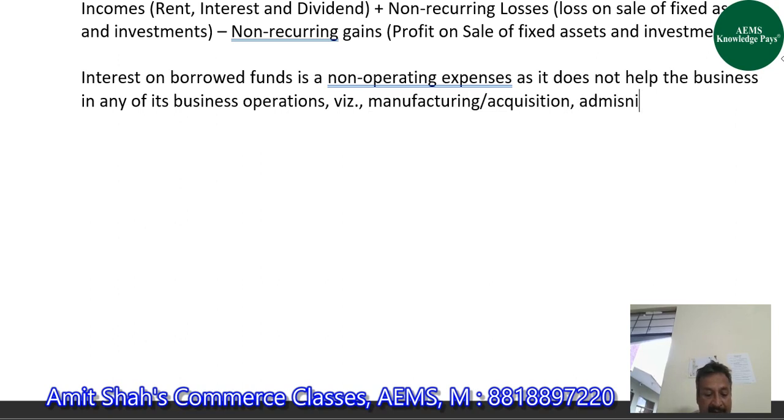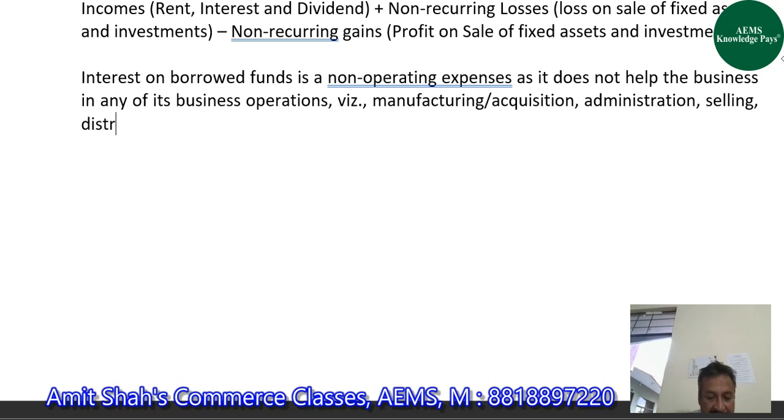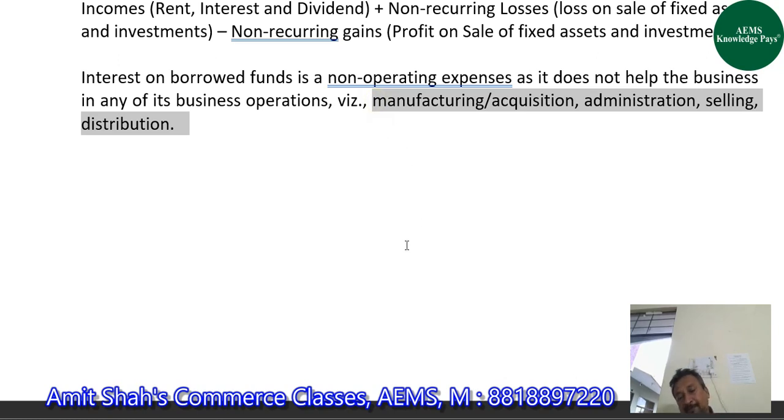The other is administration. The other one is selling. And the last one is distribution. There are only four business operations. The borrowed funds do not help you in any of these operations at all. Means the expense that you do on borrowed funds, that is interest, does not help you at all.